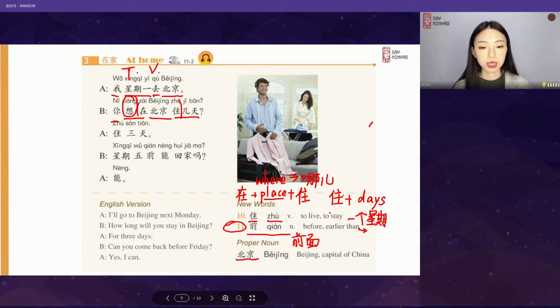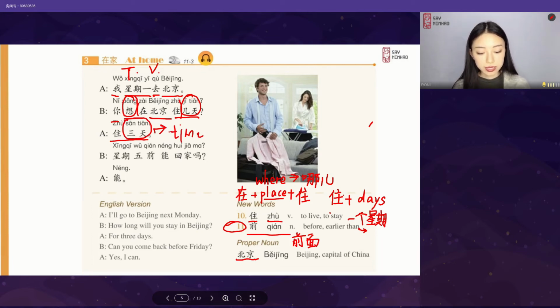Would like to do something. 你想在北京住几天？How many days do you want to stay in Beijing? 几天, how many days? And I said 住3天, live for 3 days. 住 plus the days. It is about the time period.